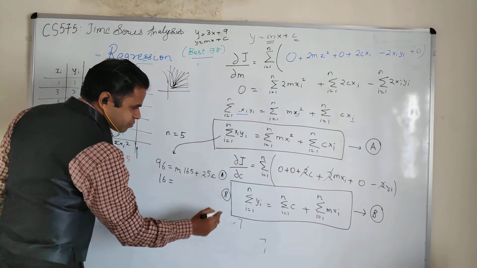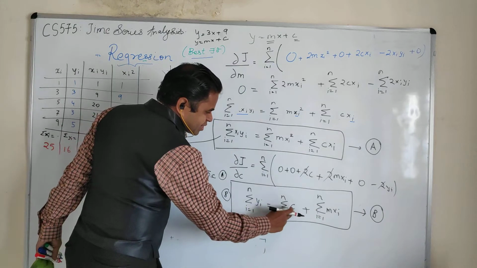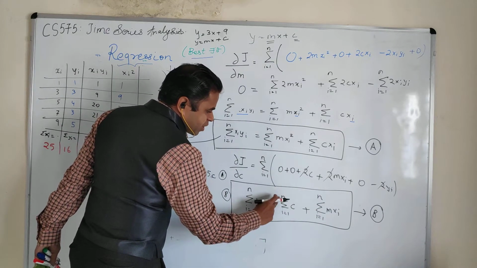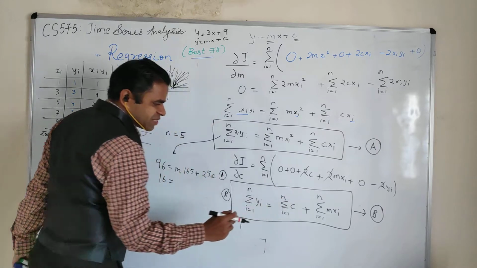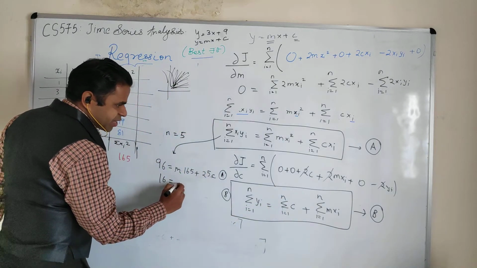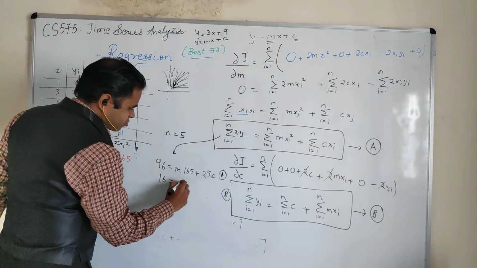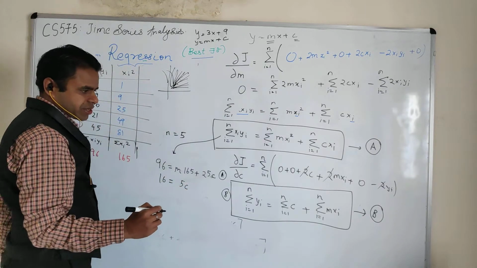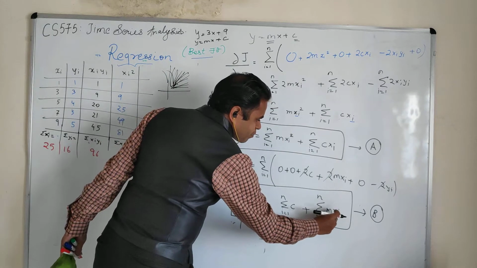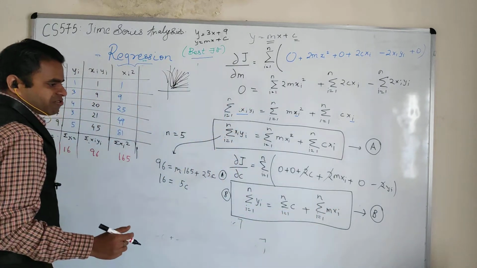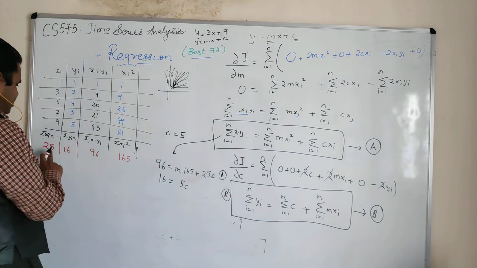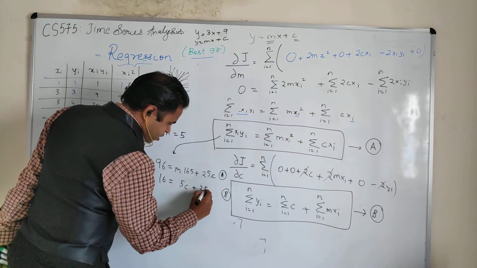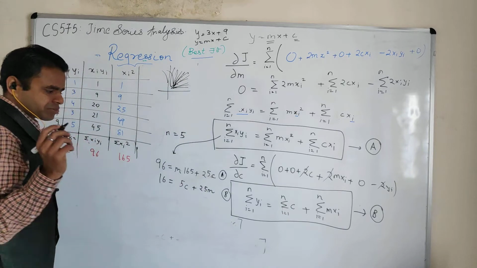This will be equation B. Then c is a constant, so when you multiply n times c, in this case n is 5, you will get 5c. And then m again is a constant, and the summation of xi is 25, so you get 25m.